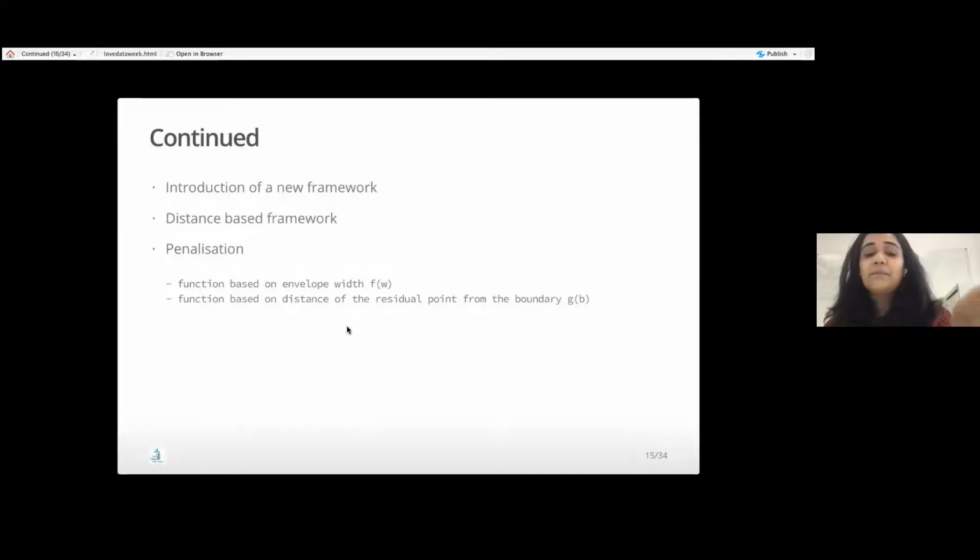We add penalization factors as a function based on the envelope width, f of w, and a function based on the distance of the residual point from the boundary, which is g of b.